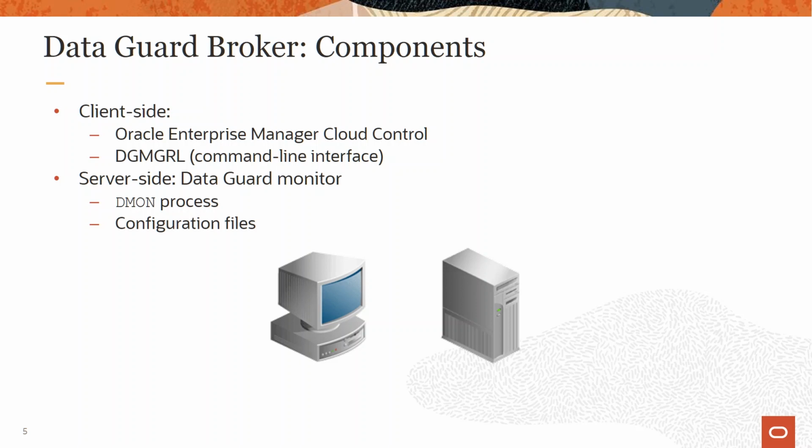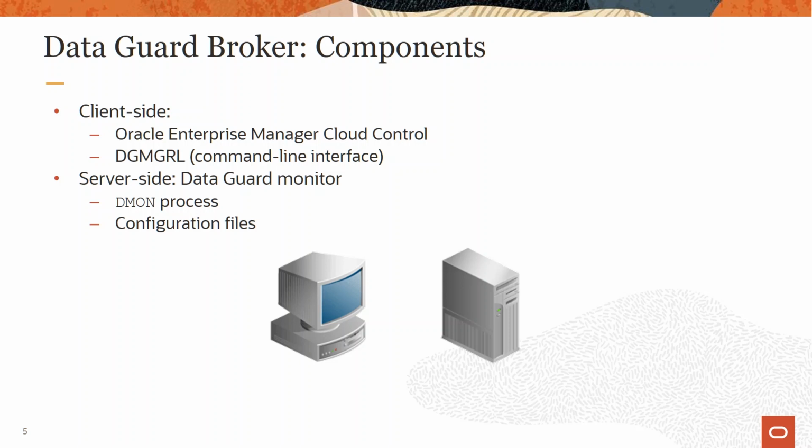And also another option is Data Guard Broker command line interface. So you can just type DGMGRL and username and password, and also net service name. So you can connect to primary database or standby database and other component registered in the Data Guard Broker configuration to perform Data Guard management.